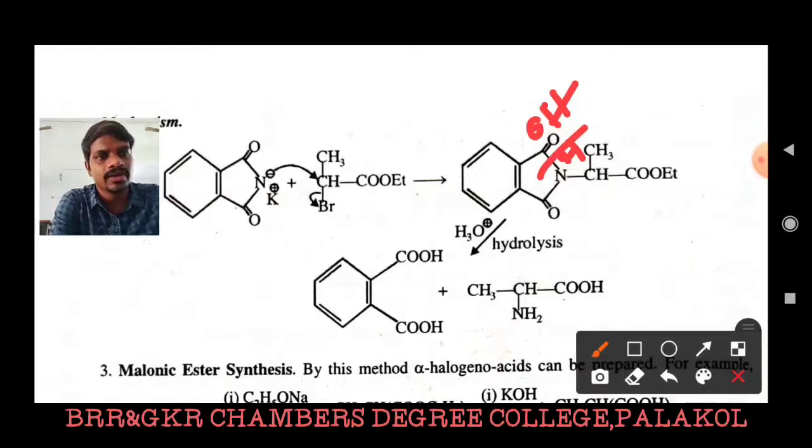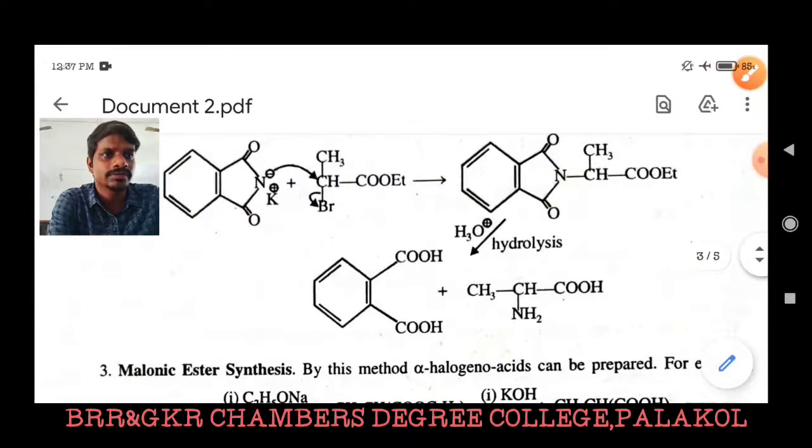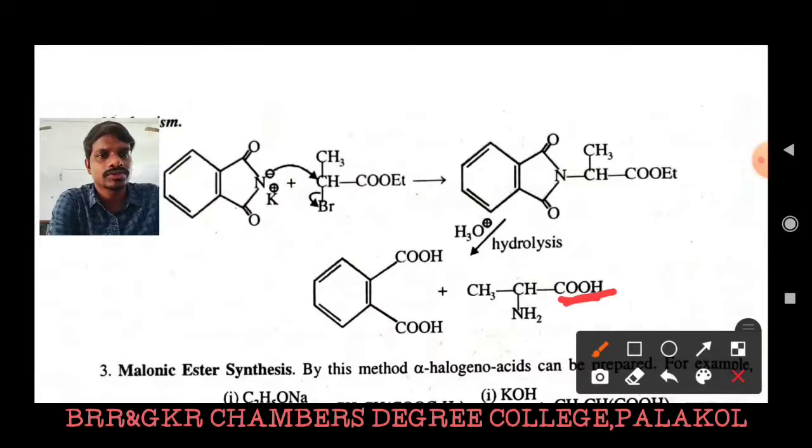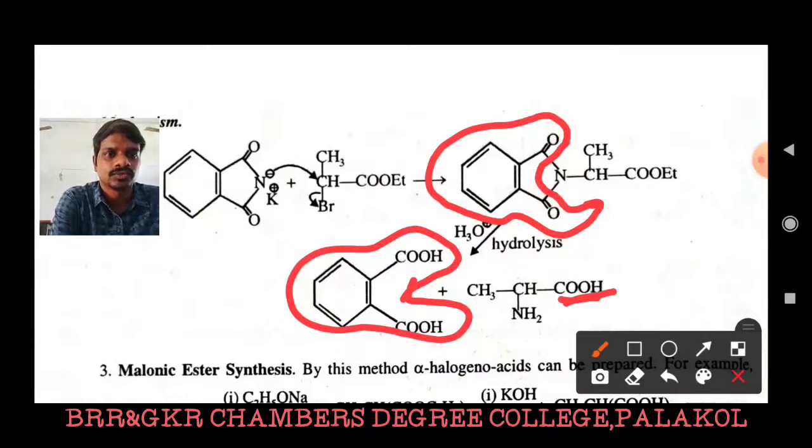Then the nitrogen has two hydrogens and is converted into NH2. Here we have a carboxylic ester. During the hydrolysis reaction, it also undergoes hydrolysis and is converted into a carboxylic acid. The nitrogen comes from phthalimide, and the remaining benzene containing system is removed as phthalic acid. So this is the mechanism of the reaction.